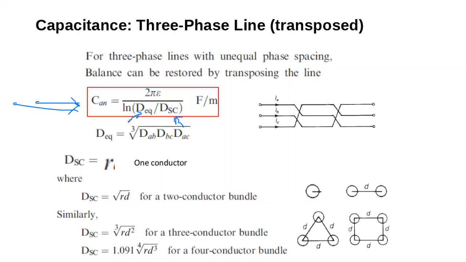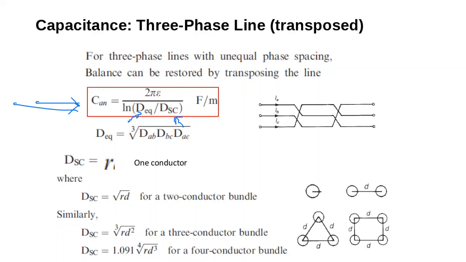So if you're asked to find the inductance and capacitance, you will only calculate the equivalent distance, which is the geometric mean distance, only once. While the geometric mean radius, you calculate it for the capacitance and you calculate it for the inductance, different.